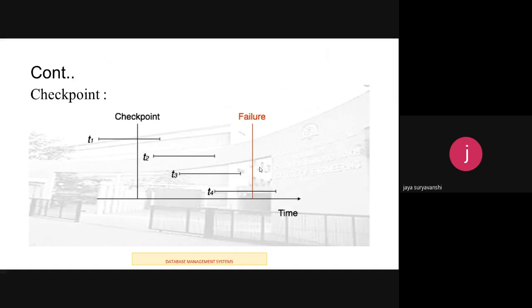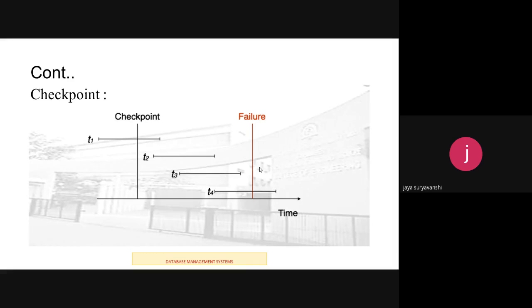From this figure, during execution while keeping the log using the immediate database modification and deferred database modification techniques, checkpoints are periodically performed by the system in some ways: all the logs currently residing in main memory are stored permanently on the disk, and then all the buffer blocks which are currently modified are written to the disk permanently.